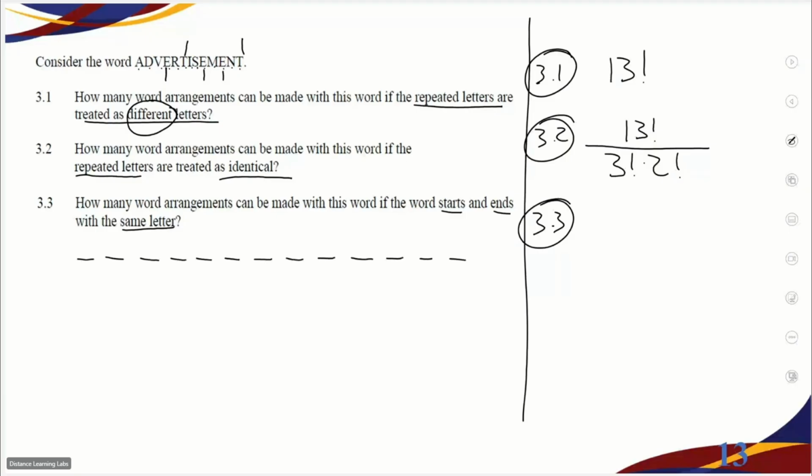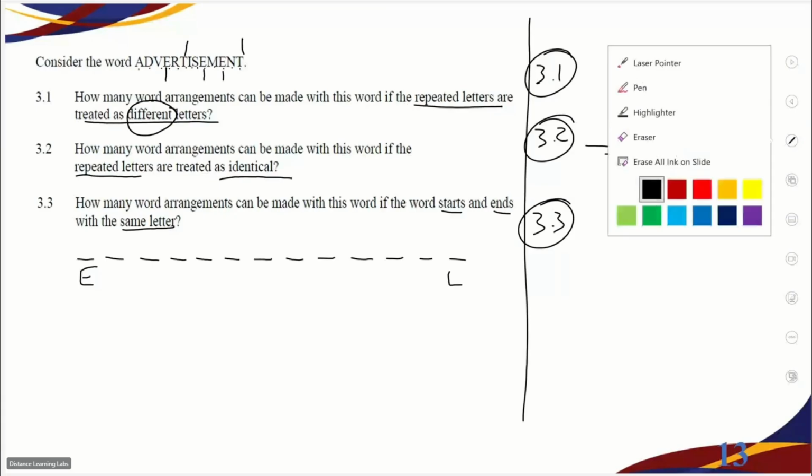For it to start and end with the same letter, that letter has to appear more than once in the word. Because there are 2 letters that appear more than once, it can either start with the letter E and end with the letter E, which is the same letter. But it is not only E that appears more than once.